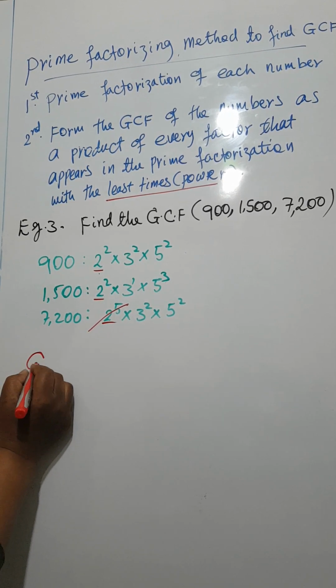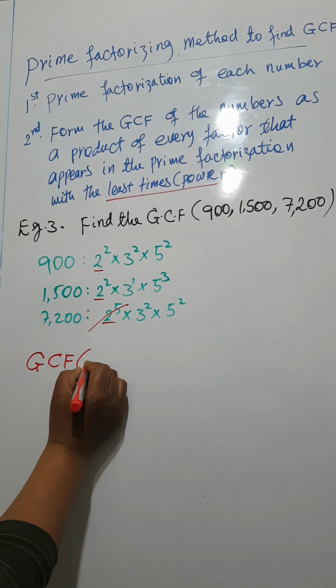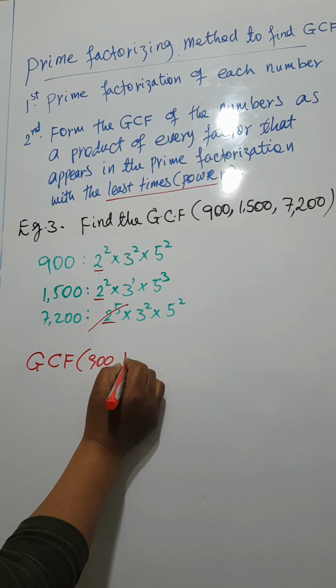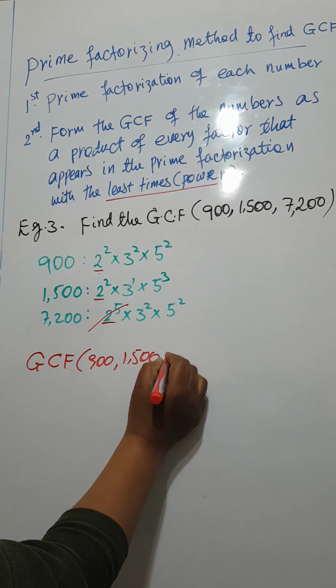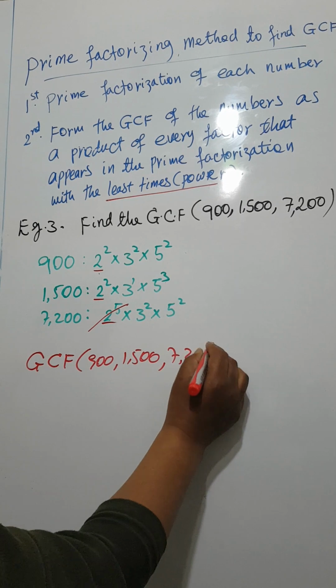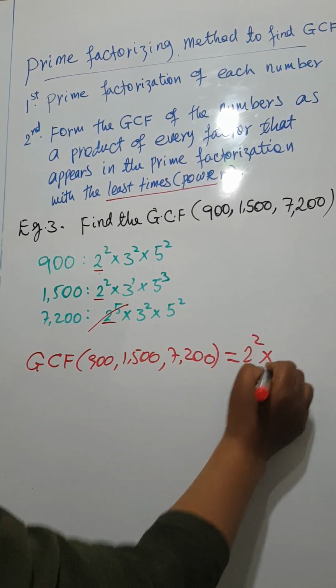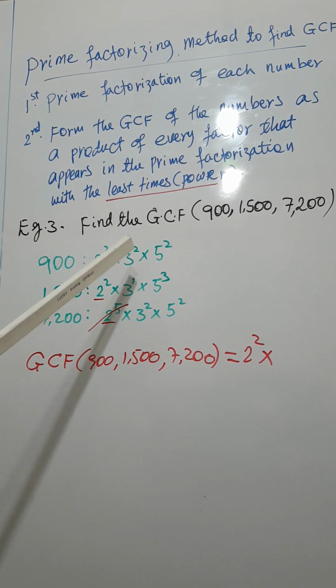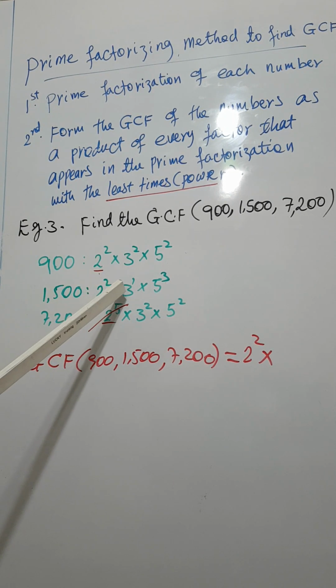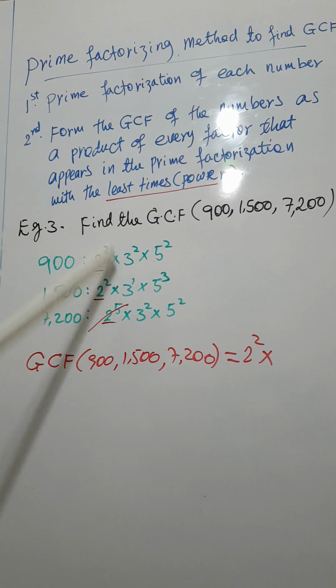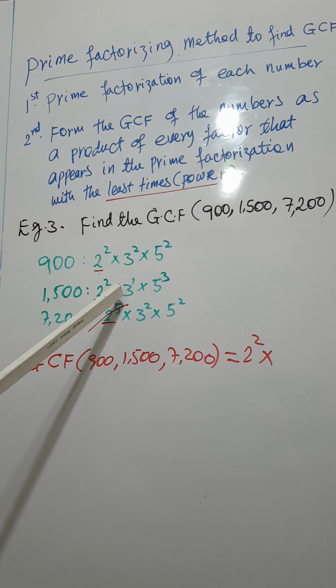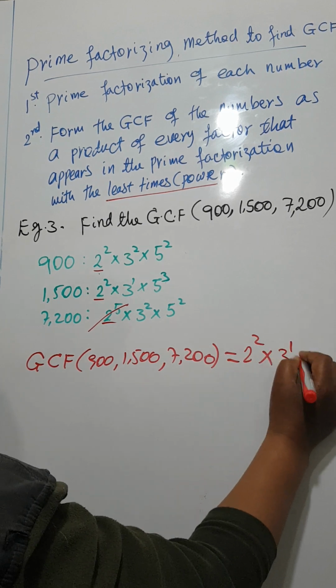So the GCF of 900, 1,500, and 7,200 is equal to 2 to the power of 2 times, now for the 3's, we have 3 to the power of 2 and 3 to the power of 1, so the least is 3 to the power of 1.